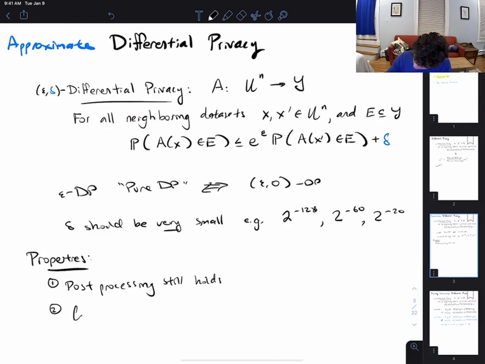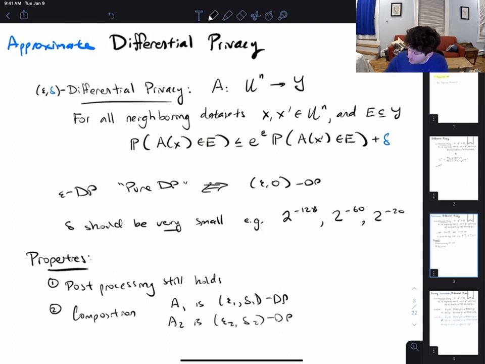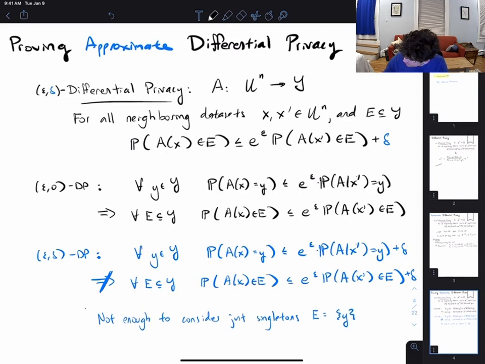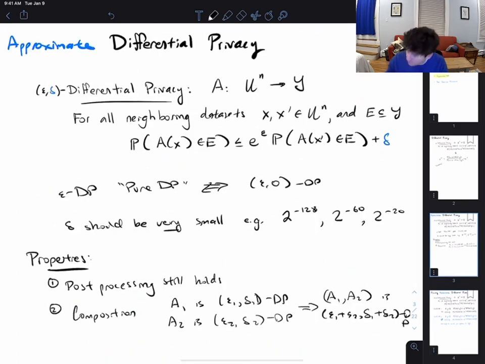And lastly, we also have a composition theorem, which says if A1 is epsilon 1 delta 1 DP, and A2 is epsilon 2 delta 2 DP, then A1 followed by A2 is epsilon 1 plus epsilon 2, comma delta 1 plus delta 2 DP.